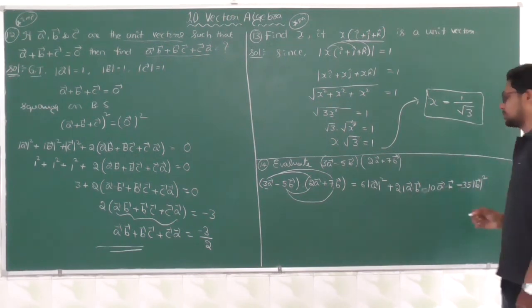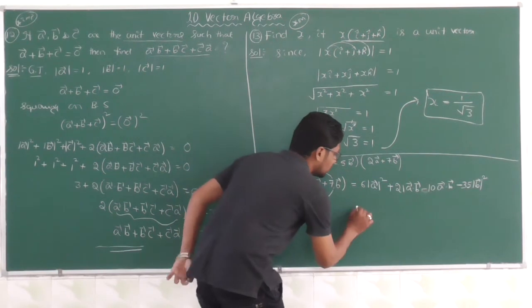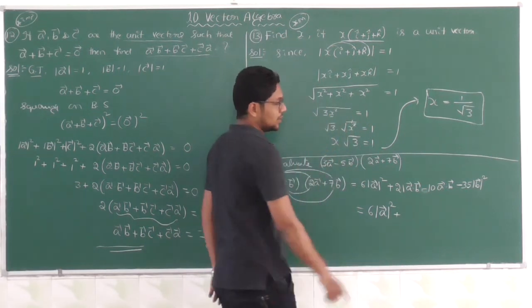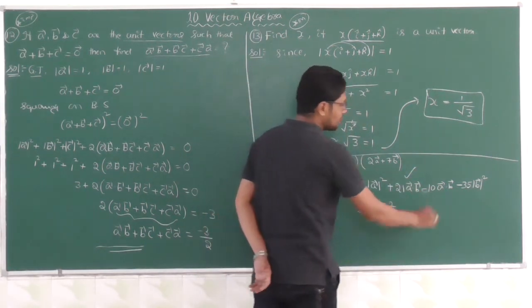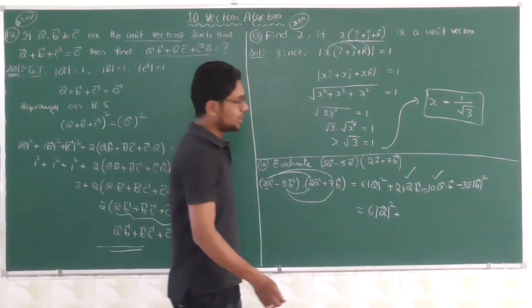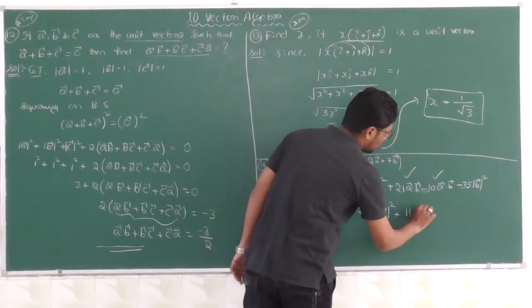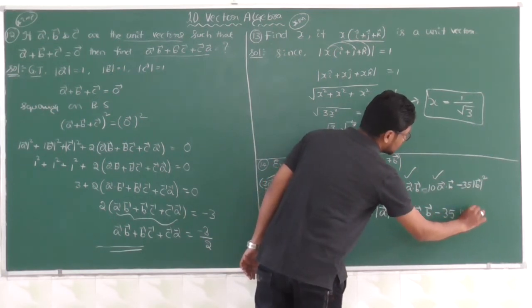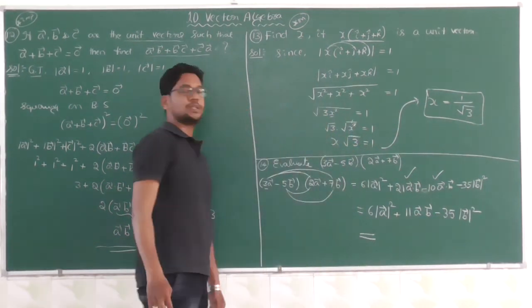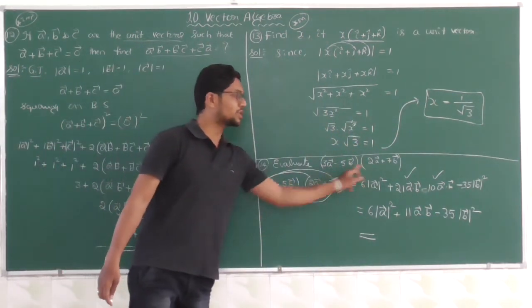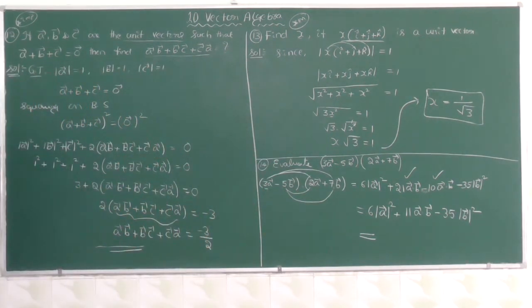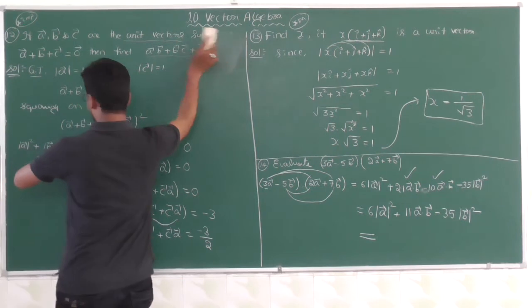That equals 6 into magnitude of a square plus 21 a dot b minus 10 a dot b, which is 11 a dot b, minus 35 magnitude of b square. Hence it is the value of the product of these two vectors. Kindly note down these questions. Next question, we will move on to the next one.